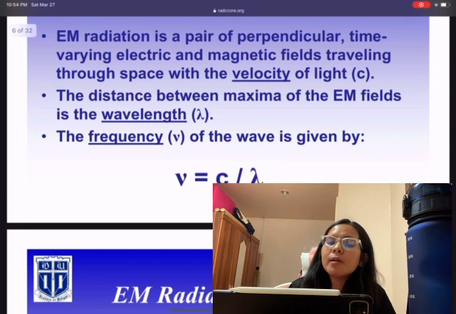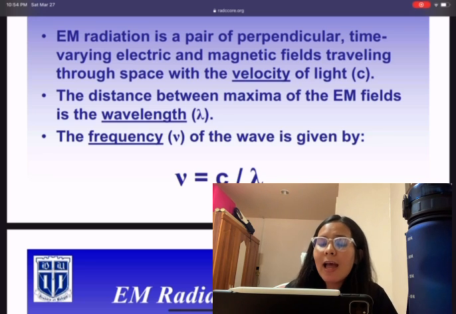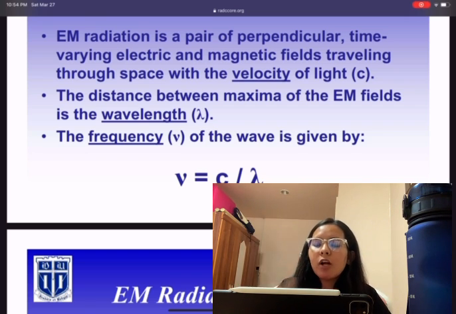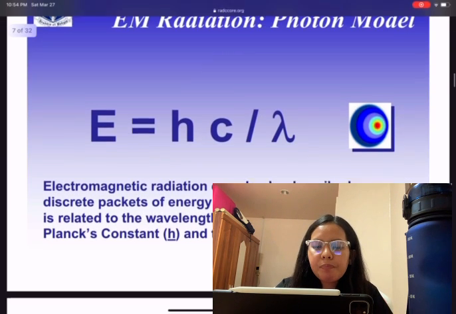Electromagnetic radiation is a pair of perpendicular time-varying electric and magnetic fields traveling through space with the velocity of light. The distance between maxima of the electromagnetic fields is the wavelength, and the frequency of the wave is given by the velocity divided by the wavelength.